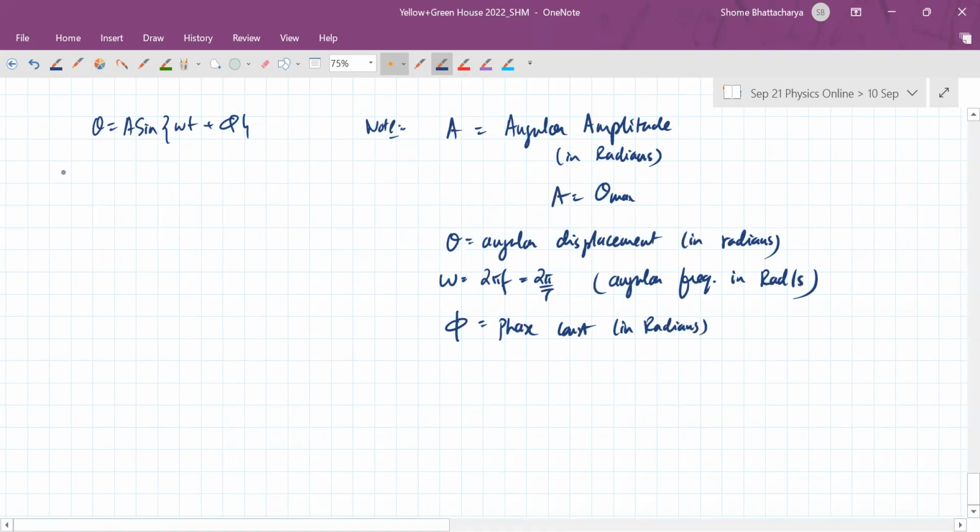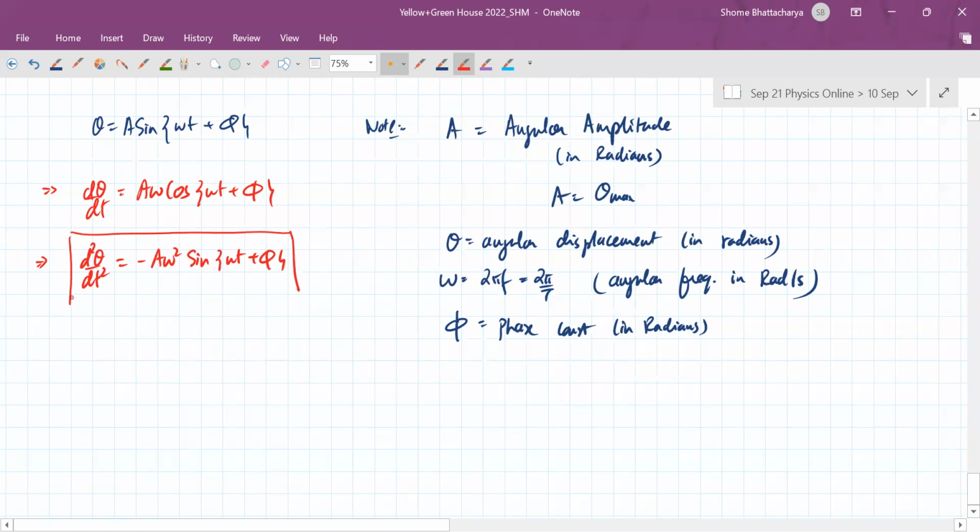Now from this we get angular velocity as a function of time by differentiating, and angular acceleration. So this is angular acceleration, and we can see that angular acceleration has the relationship with angular displacement.